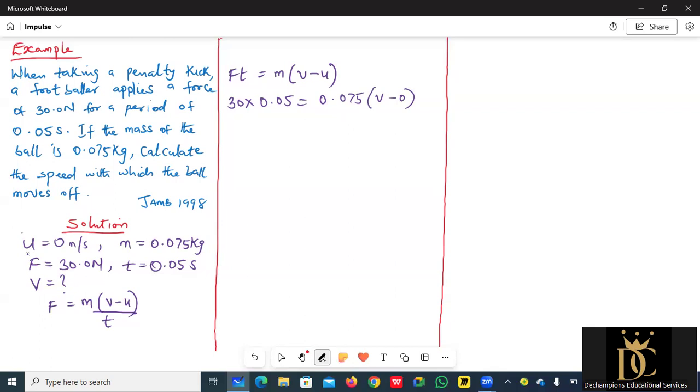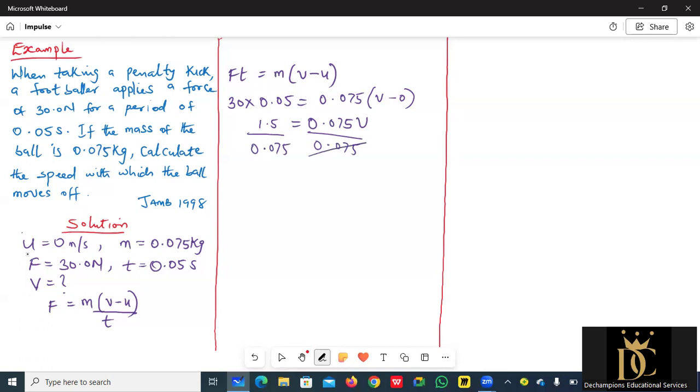Okay, so that means we now multiply 30 times 0.05. 30 times 0.05 gives us 1.5. So 1.5 is equal to 0.075 times V, that is 0.075 V. So divide both sides by 0.075.